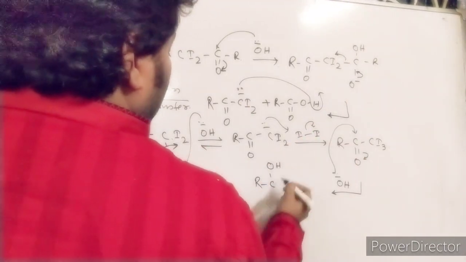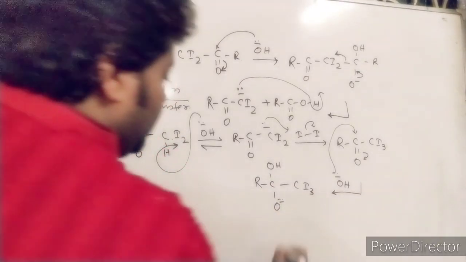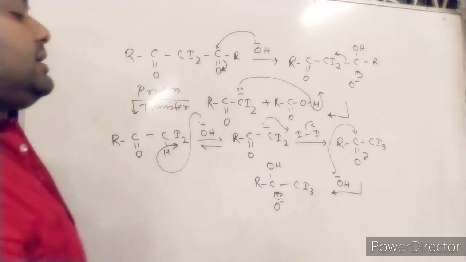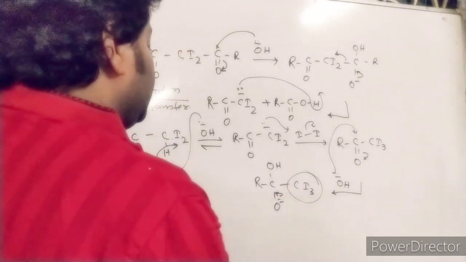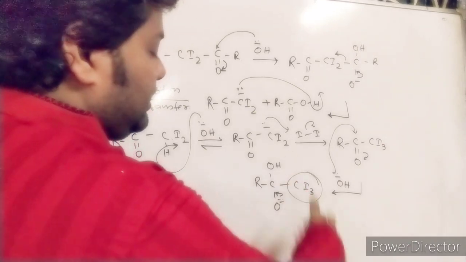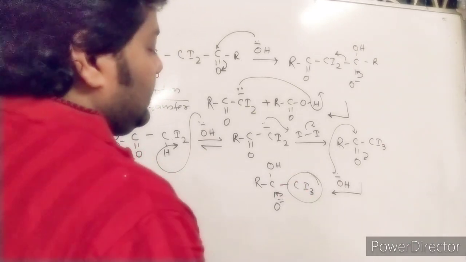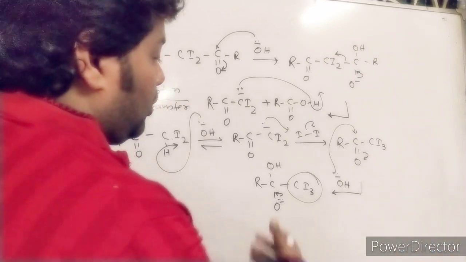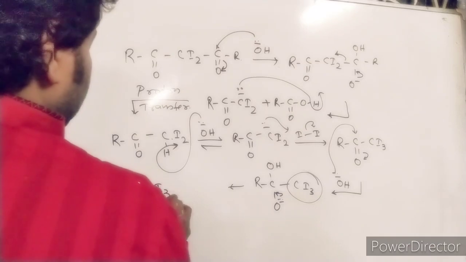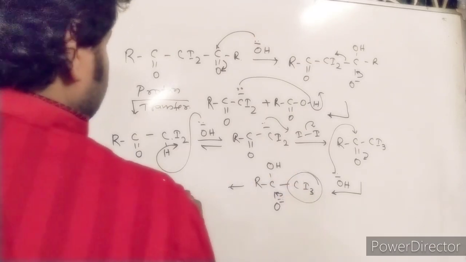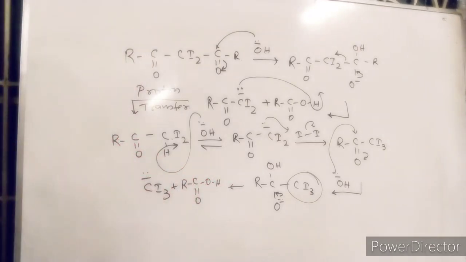So RCOH O minus CI3. It will again come back, and definitely, except this, there is no other good leaving group here which can leave this species and give you something. So the only option is CI3 minus. So CI3 minus will come out from this and it will give you RCOOH.